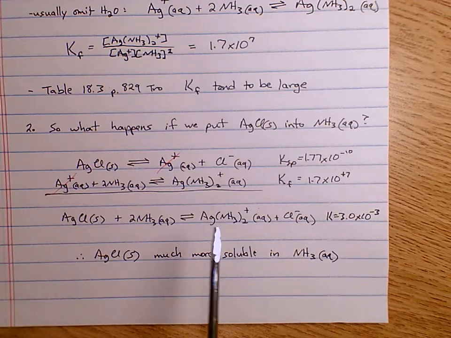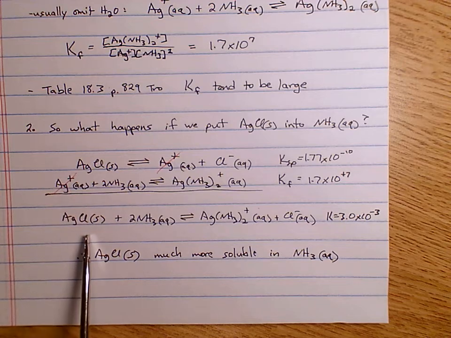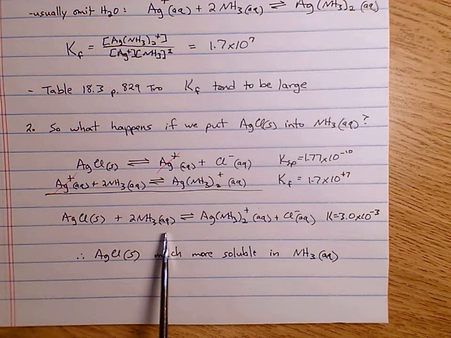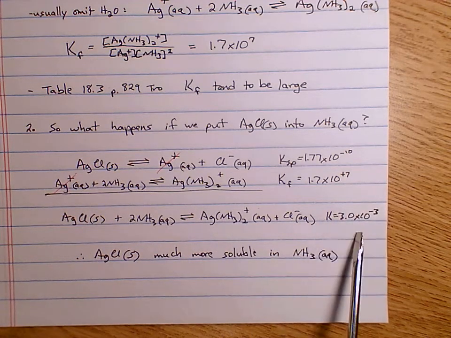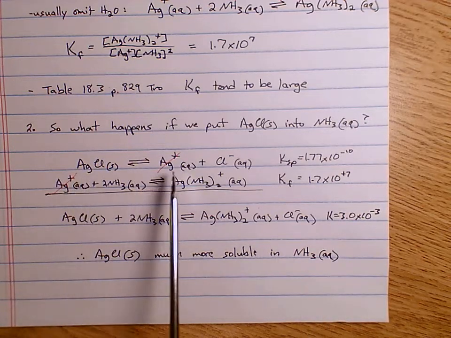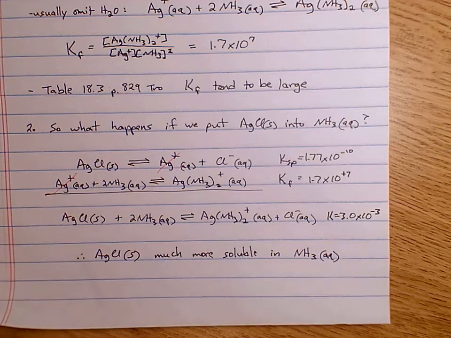So if you put solid silver chloride into aqueous ammonia, you will get a lot more of it dissolving than if you just put it into water. Solid silver chloride is much more soluble in ammonia than it is in water.